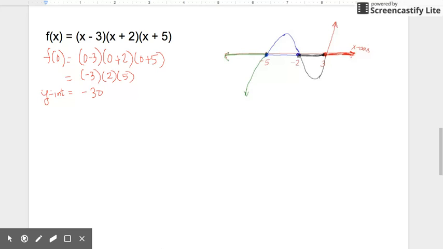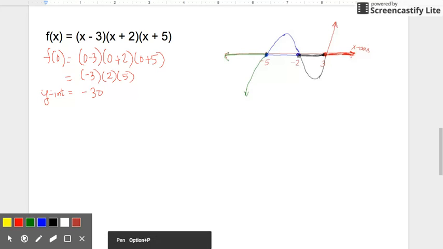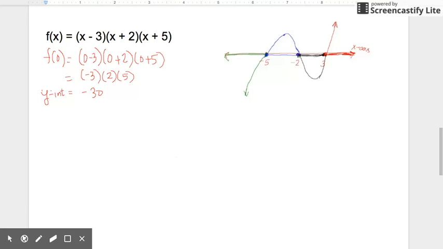We should have a nicer picture of the graph. So I'm going to draw here the x-axis and the y-axis. Okay, so for the scale, I'm going to count by ones.